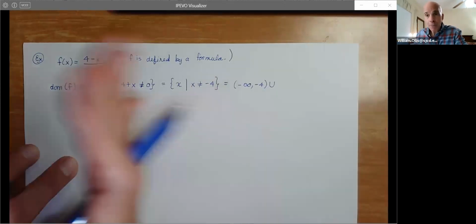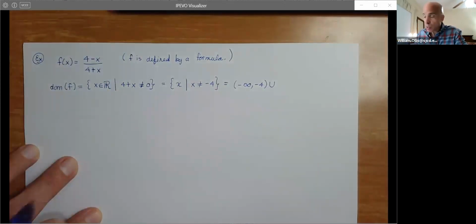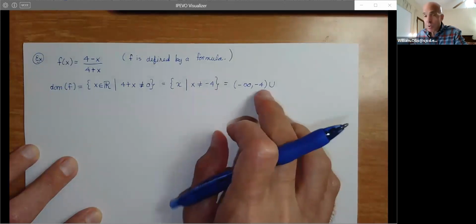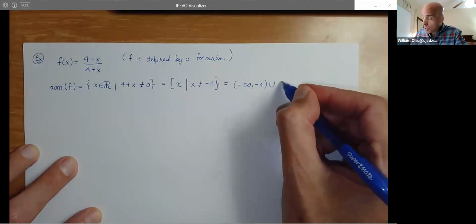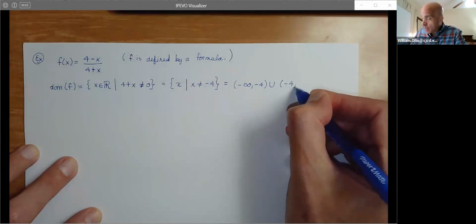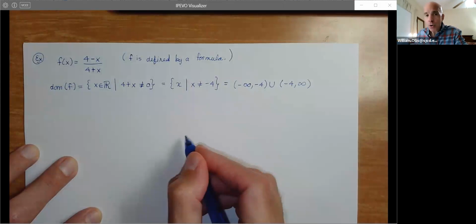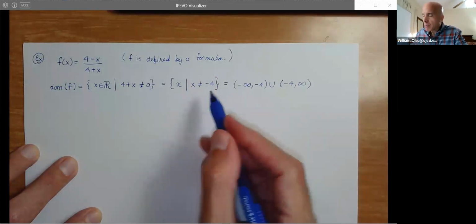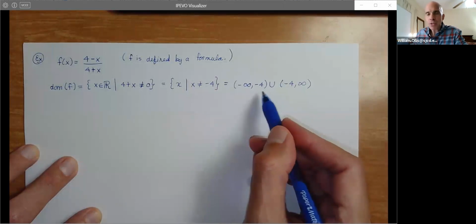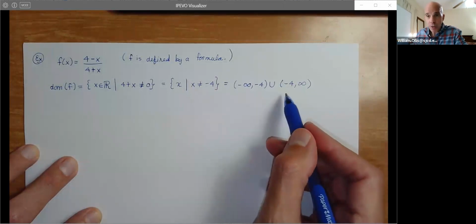You know how that opens up, and you click on what you need. So get some practice with that. When you want to connect intervals, this or that, you use the union symbol. Now you're thinking, that sure is a whole lot of work to write that. Isn't that easier? Well, sure, but many times in WebAssign, they will say write using interval notation.